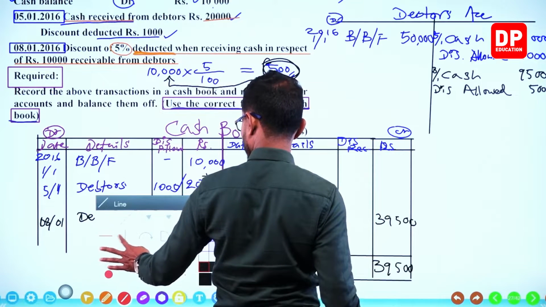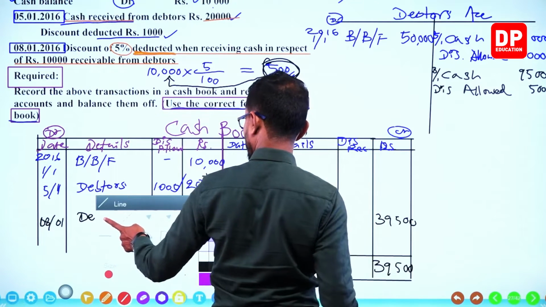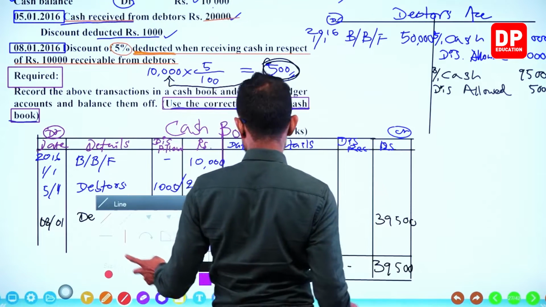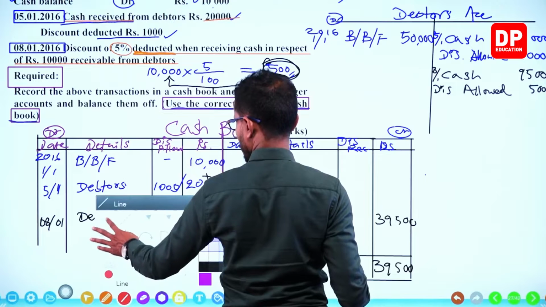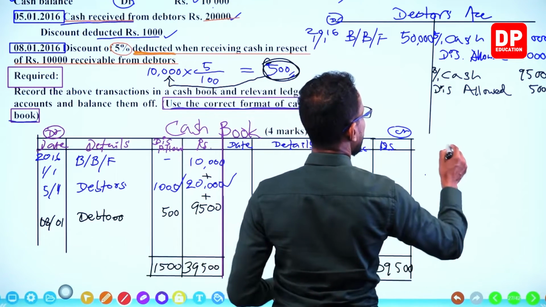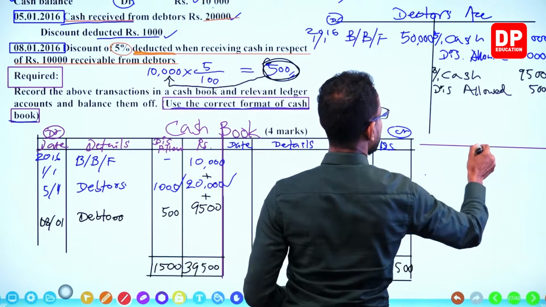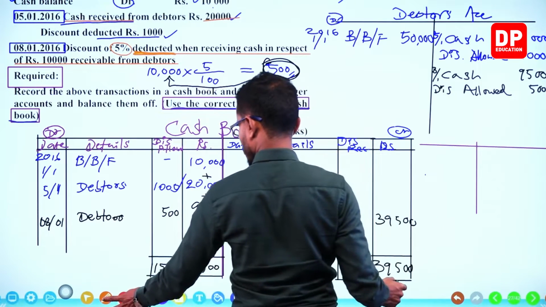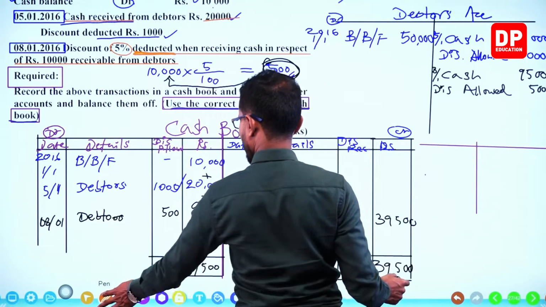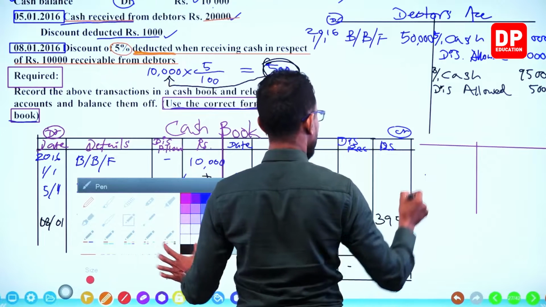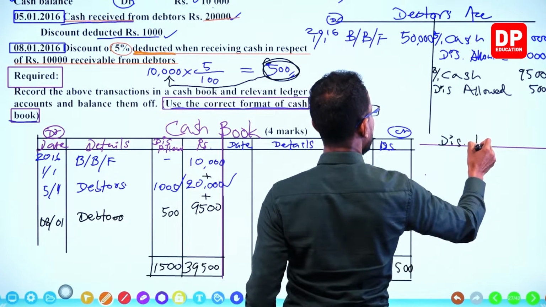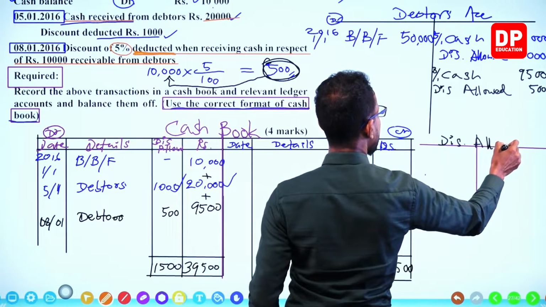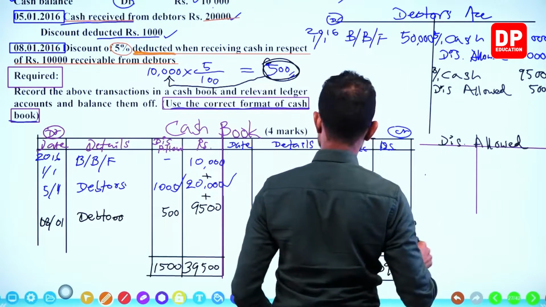Yeah. Discount account. Let's draw a T account for that. Like this, discount allowed account.